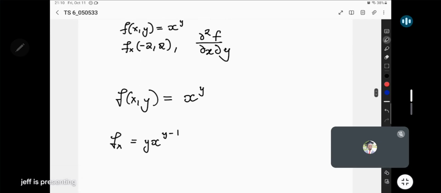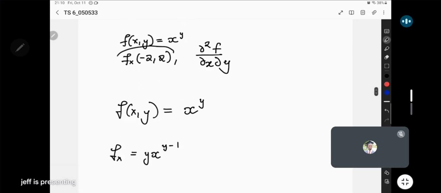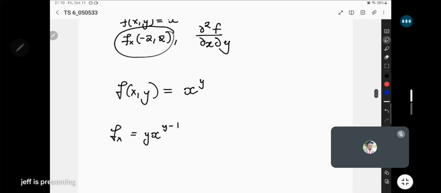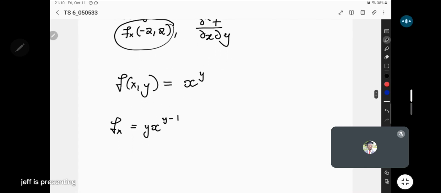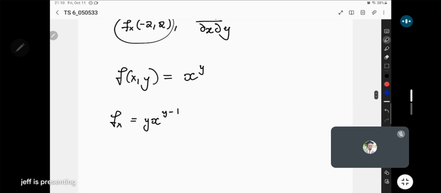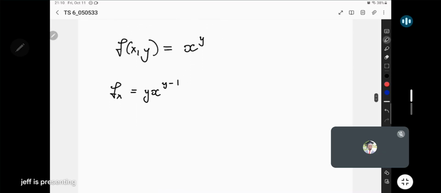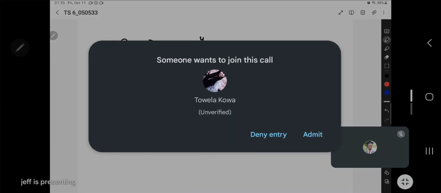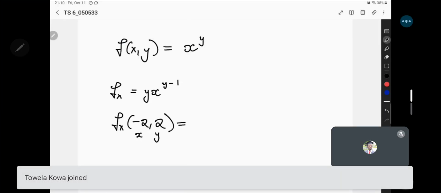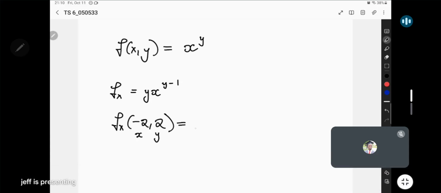Now, they're saying we're getting the partial derivative at a specific point, f of x at the point negative 2, 2. So at the point negative 2, 2, it implies that at that point, x is negative 2, y is 2. So where there's x, I put negative 2, where there's y, I put 2.